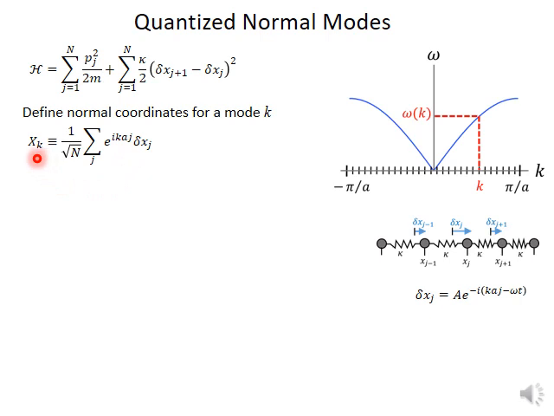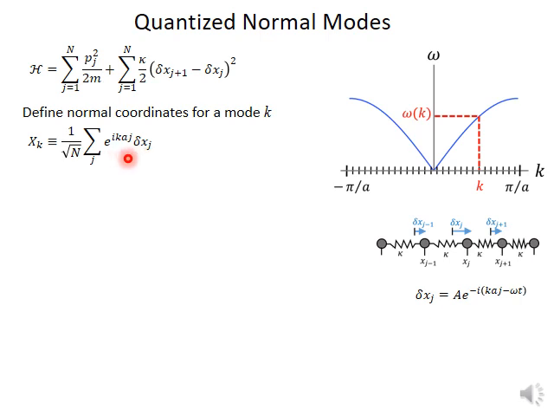But you want only that part of the displacement which corresponds to the kth mode. So you multiply this displacement by this factor which contains k and j, which represents the phase corresponding to that mode at that particular atomic position. You get a certain factor if you multiply by this, and that factor is a unique contribution to the displacement by the kth mode at the jth position.